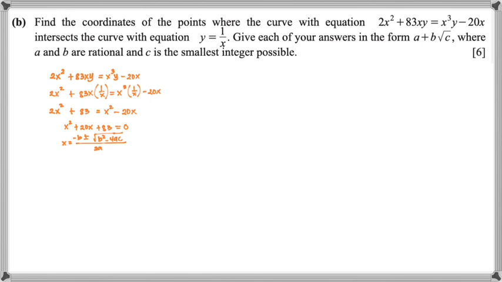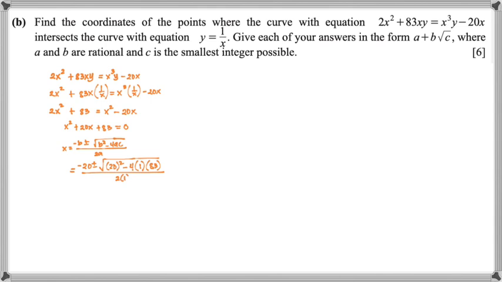So plugging in the values from the quadratic equation, we get negative b, that's negative 20, plus or minus the square root of 20 squared minus 4 multiplied by 1 multiplied by 83, over 2a, which is 2 times 1.